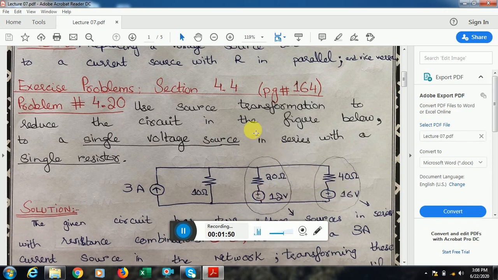We have to use source transformation to reduce the circuit in the figure below, and the reduction must be done until we are only left with one single voltage source in series with a single resistor. So this entire circuit has to be transformed into one voltage source in series with a resistor.